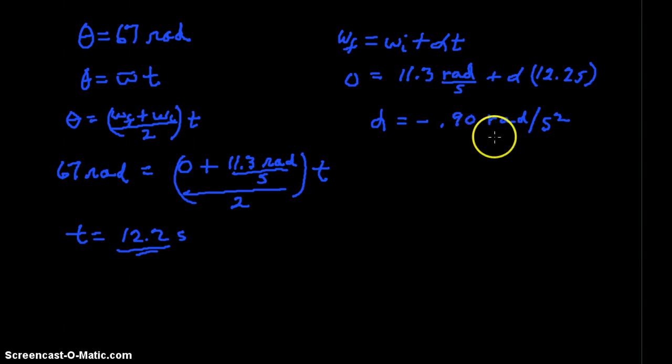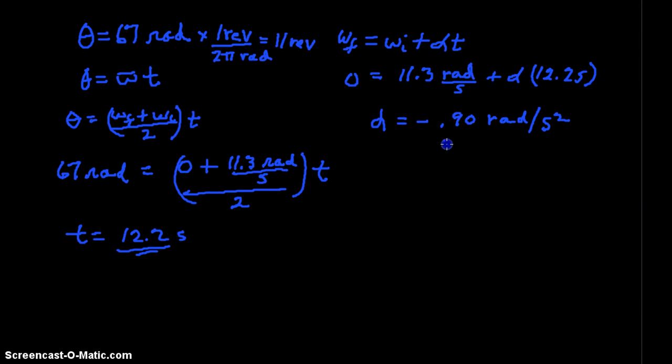So then you could convert this again to revolutions if you wanted to. So this was in 1 revolution divided by 2 pi radians. And that turned out to be about 11 revolutions.